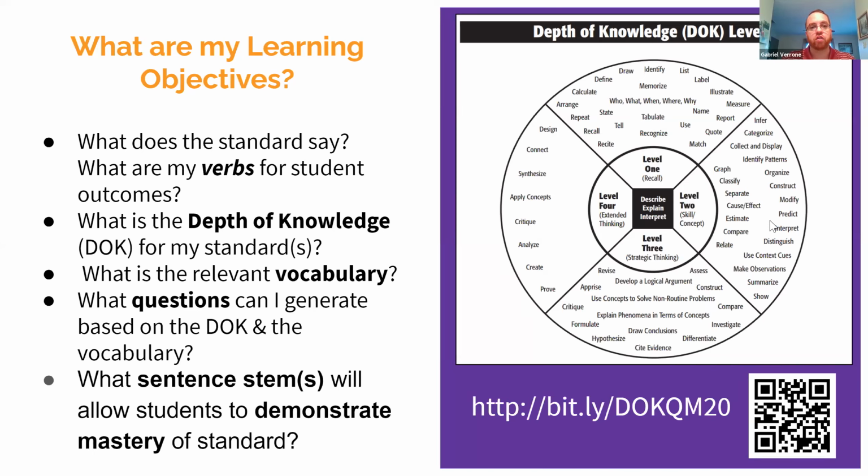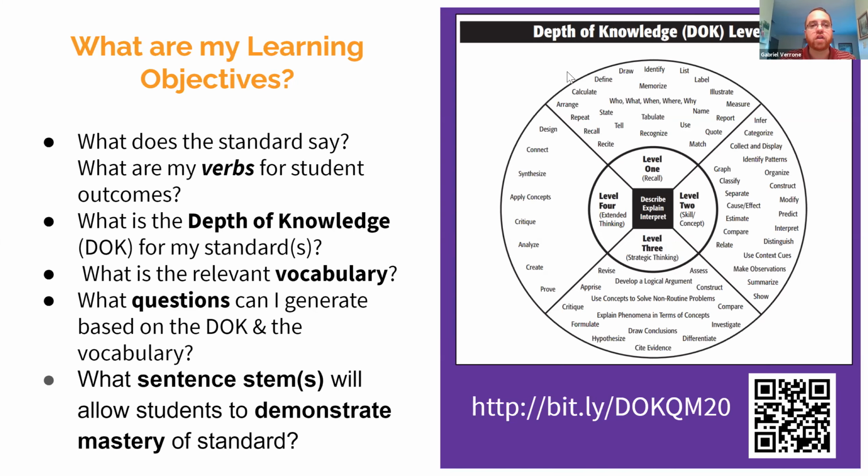And if I'm at level 4 with the TEK, then I'm going to be asking those questions at the bottom right-hand side, with the suppositional language and how or might, those kinds of words. Then I'm also going to ask myself, what is the relevant vocabulary in the standard? What are the words kids need to know that I can intentionally put into questions and stems? What questions can I generate, and what sentence stems will allow students to show that they have demonstrated mastery?